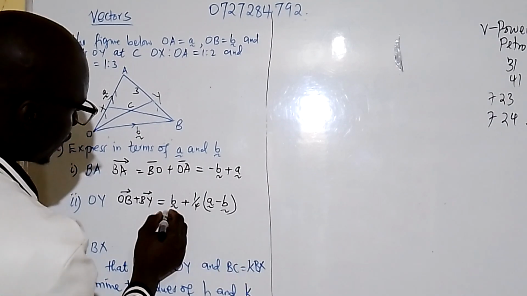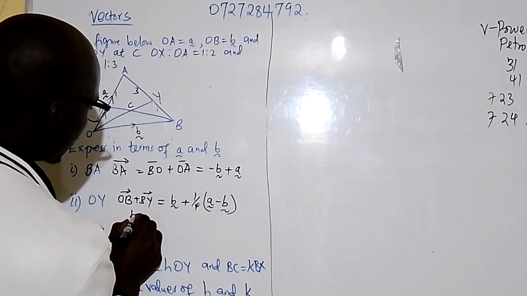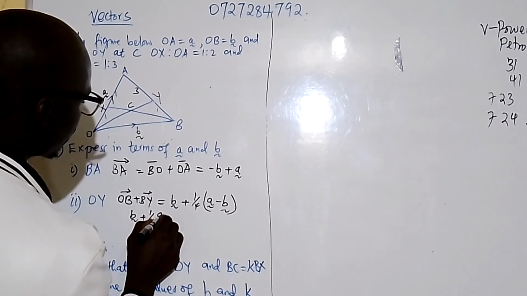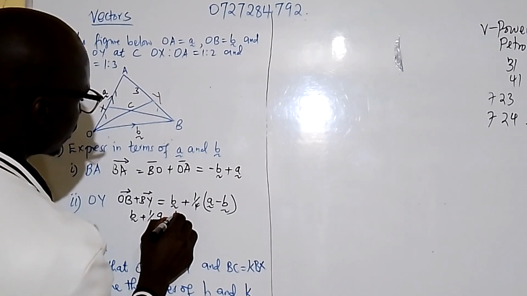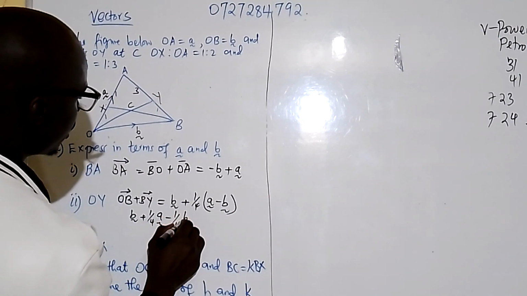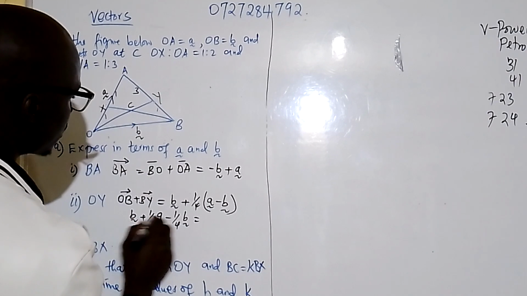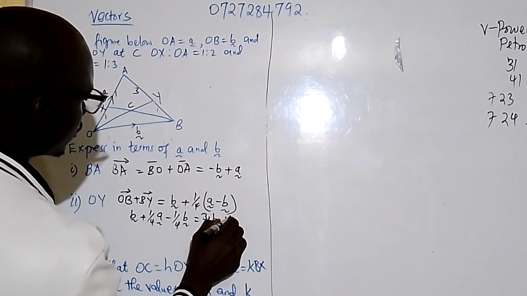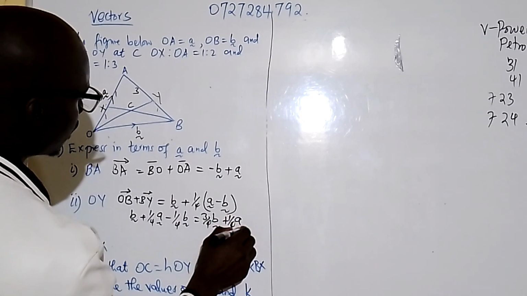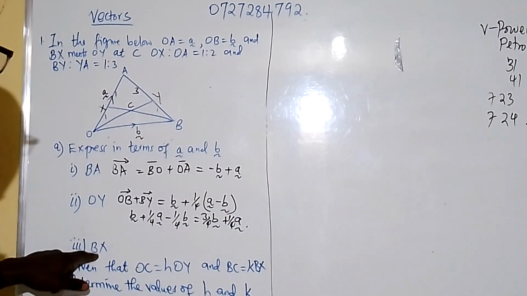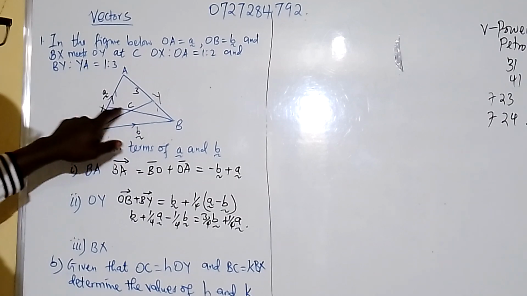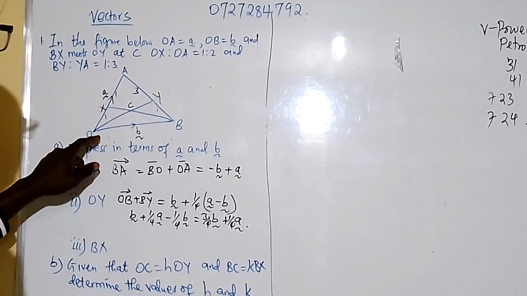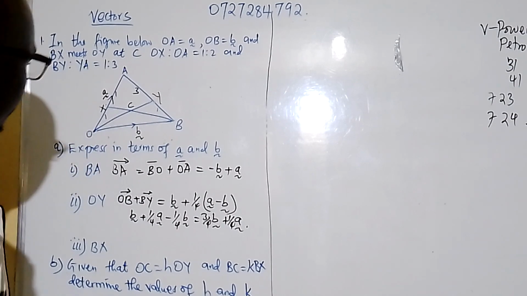Of course, we can simplify it further, come up with B plus 1 over 4 vector A minus 1 over 4 vector B, and it becomes 3 over 4 vector B plus 1 over 4 vector A, as simple as such. BX, we can move from BO to OX.